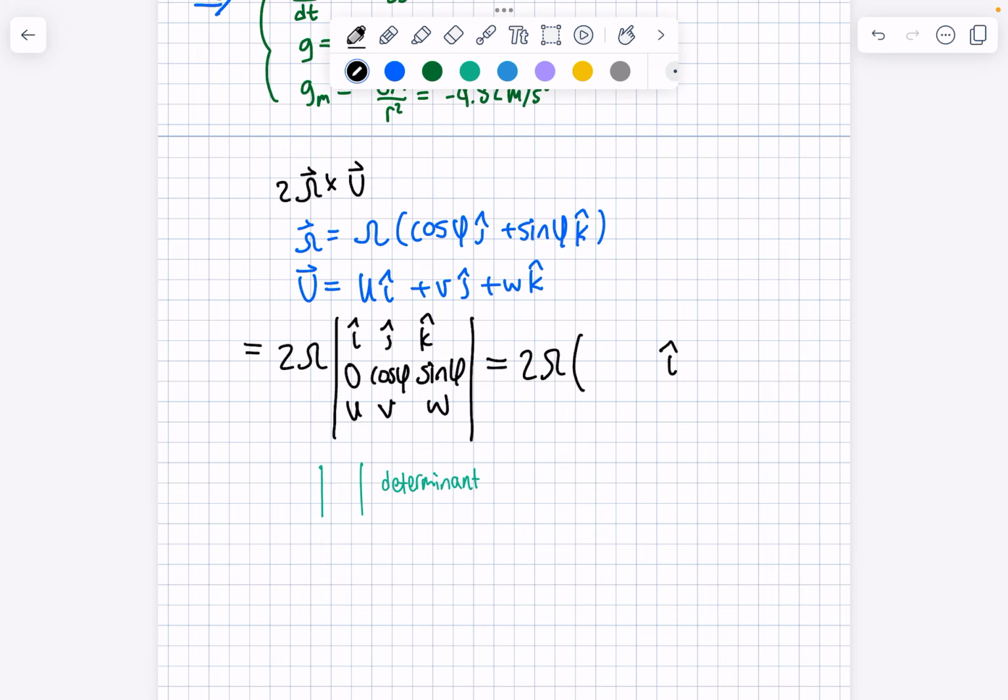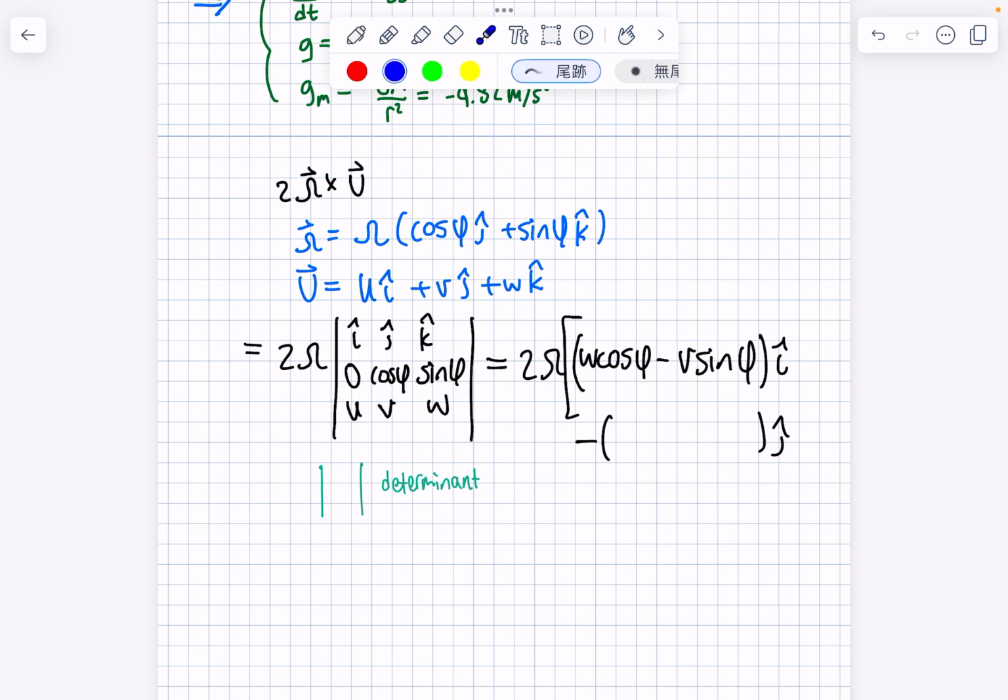So that will be W cosine phi minus V sine phi times I. And we can write this like this: minus J times something, and that something will be 0 times W minus U times sine phi. So it will be minus U sine phi, plus K.